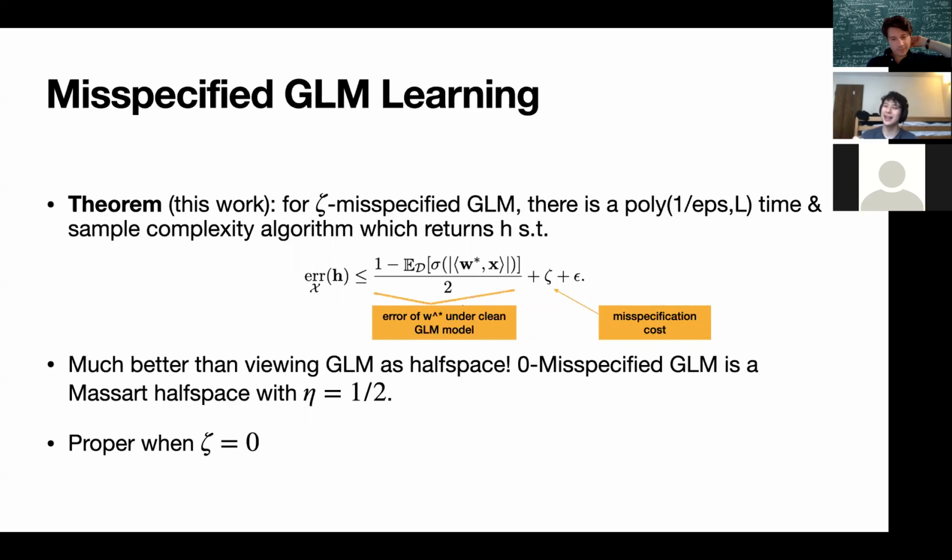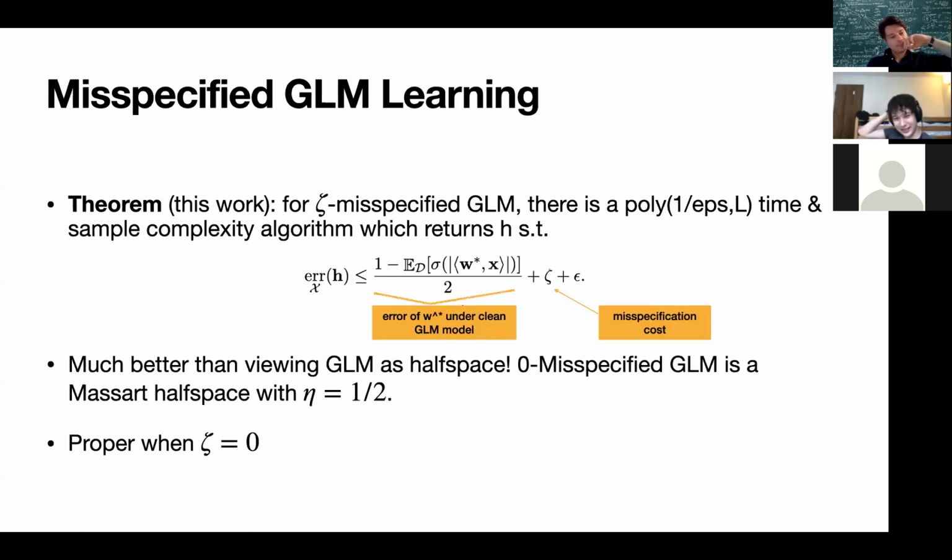The other is this misspecification term. There's definitely nothing you can do to get below zeta because of the hardness of agnostic learning, so we also need to pay the misspecification cost. Those two terms together generalize the notion of eta, and we can find a hypothesis H in polynomial runtime which gets an error upper bounded by this generalized eta plus epsilon.